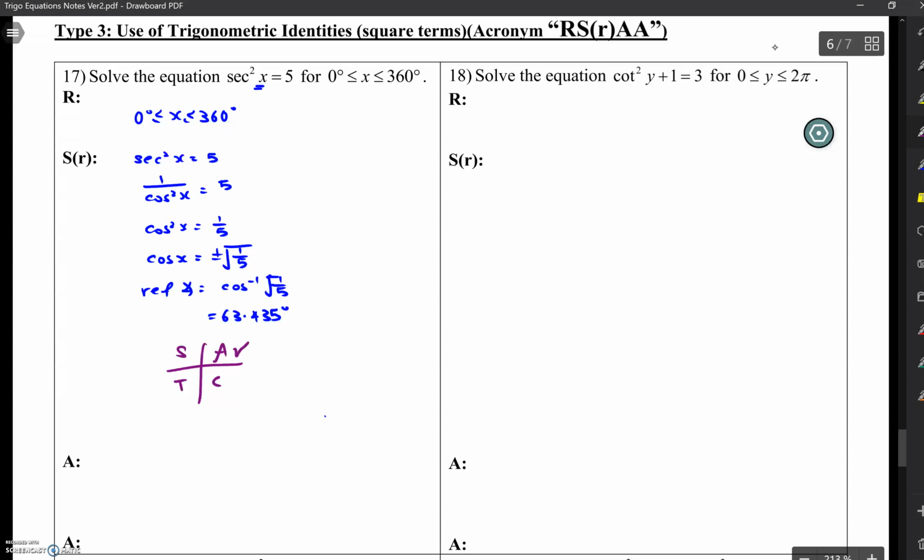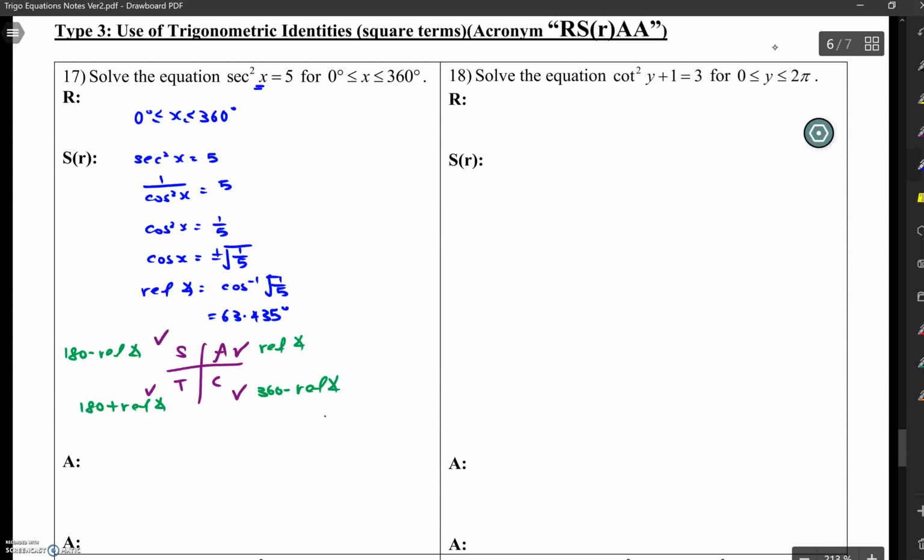Do you realize I need to find the values for all 4 quadrants, which means to say, first quadrant is just reference angle, second quadrant is just 180 minus reference angle, third quadrant is 180 plus reference angle, and final one. Okay, so this is what I need to find.